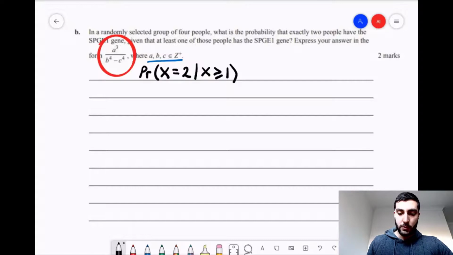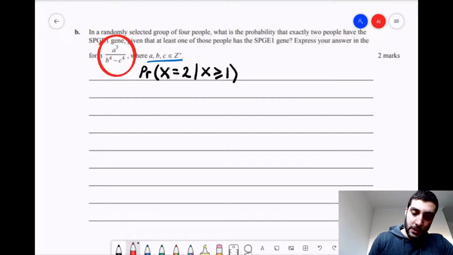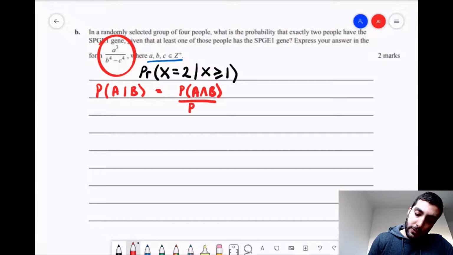So to work this out, hopefully you remember the conditional probability rule that states if we have the probability of event A given B, then that's equal to the probability of A intersection B over the probability of what's given, so B. So that's the rule there.